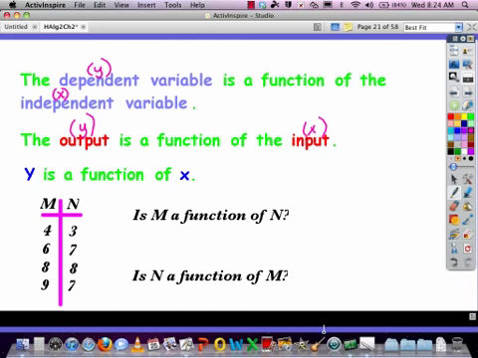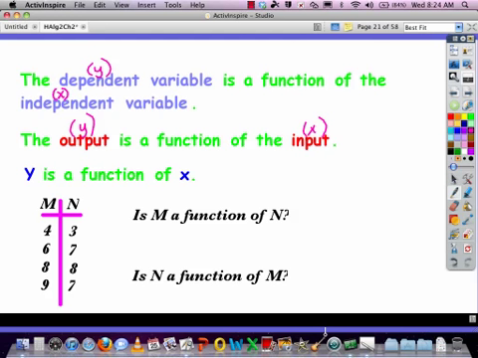So here's an example again that we'll be using more in class, but look at it and have an idea of how you would answer it. If I gave you a set of ordered pairs, m and n, and I said m's values are 4, 6, 8, and 9, and n's values are 3, 7, 8, and 7, and again, we said they're paired, so we have them listed as ordered pairs, so 4 goes with 3, 6 with 7, 8 with 8, 9 with 7. Those are how we want to think of them, as ordered pairs.